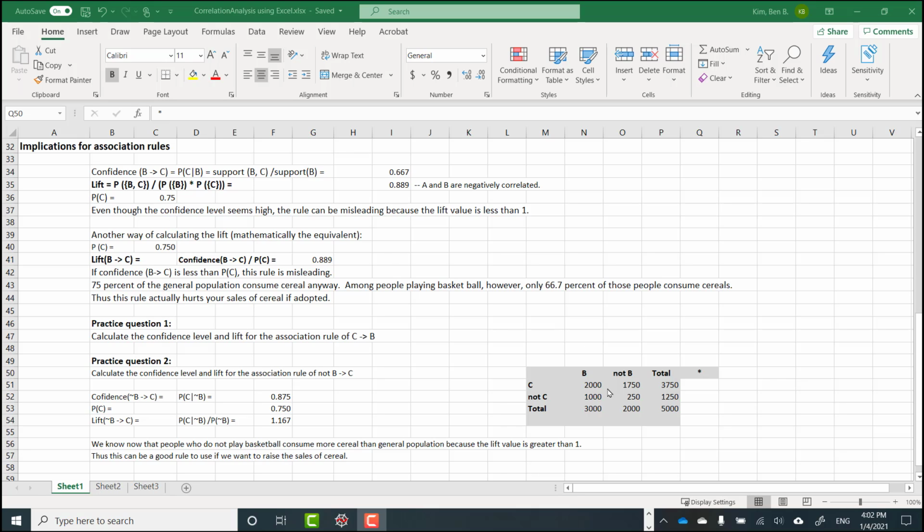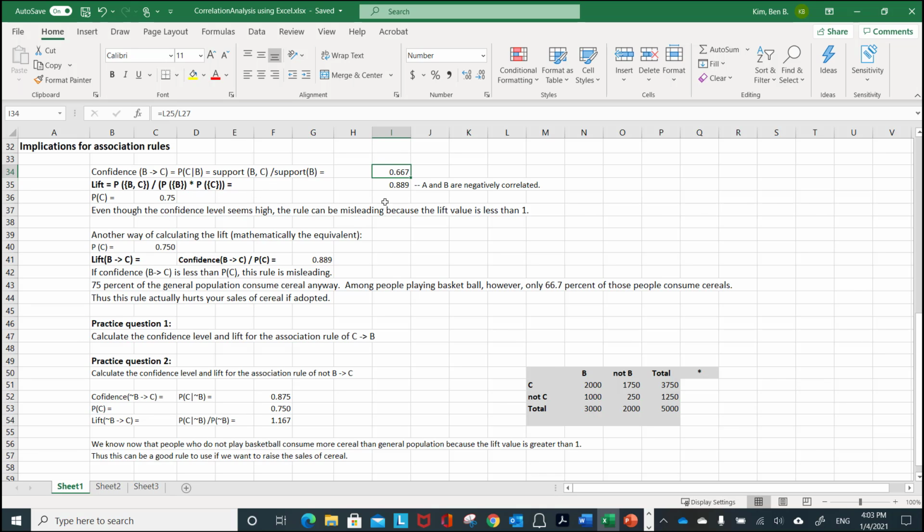So 2,000 divided by the support for B, 3,000, is 0.667. Makes sense? Among these people playing basketball, how many are eating cereal? 2,000 over 3,000, 0.667.